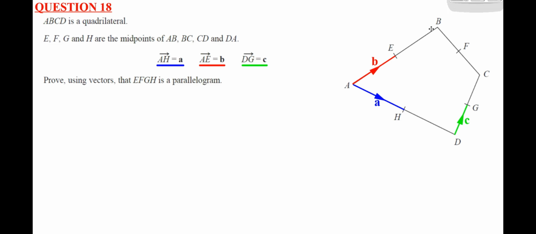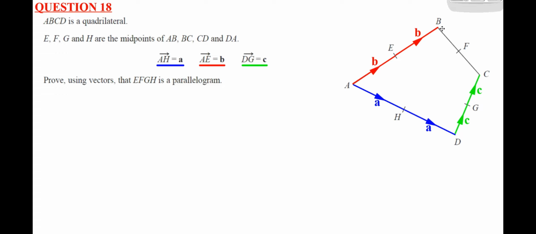So this one here will be vector B. From H to D will be the same as A, and G to C will be vector C. So I'm going to label these on as well. So we've got a fairly good picture now of what this quadrilateral is in terms of the vectors.